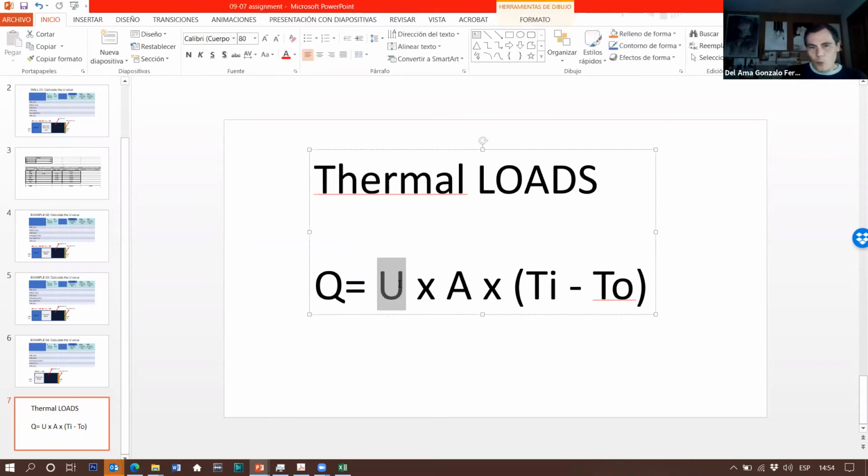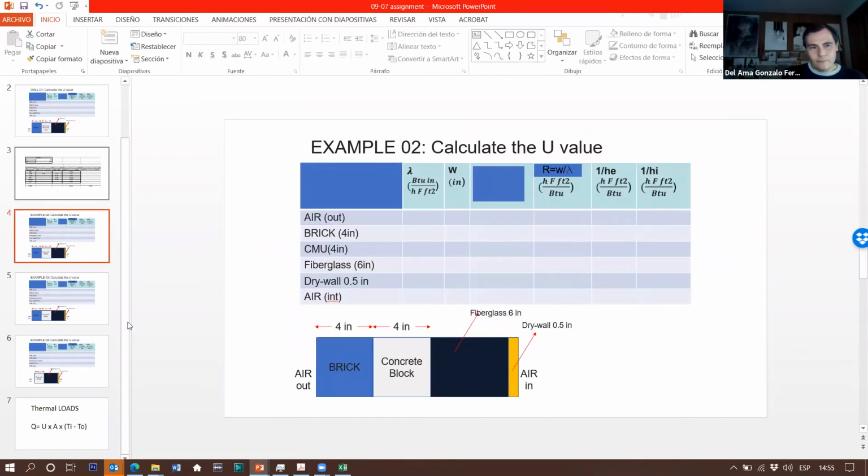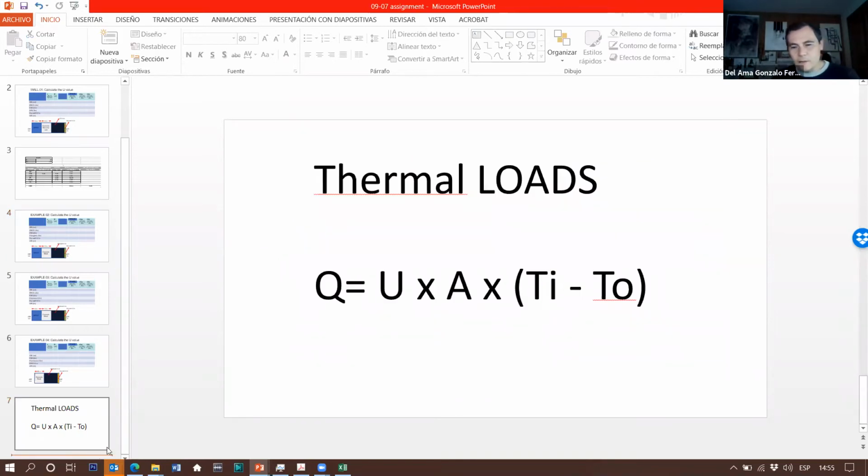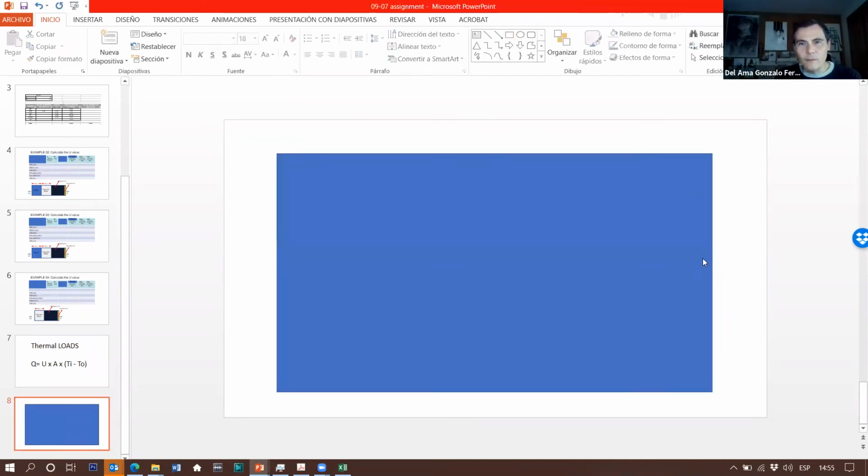At this point, we know how to calculate the U value. If we are analyzing the thermal load of this wall, the U value, the thermal transmittance, is 0.03. What about the area? Imagine that you are working with a wall, and you are working with a window. This is your window here, like this. And we have dimensions now.